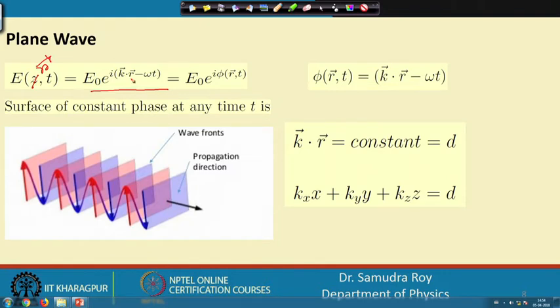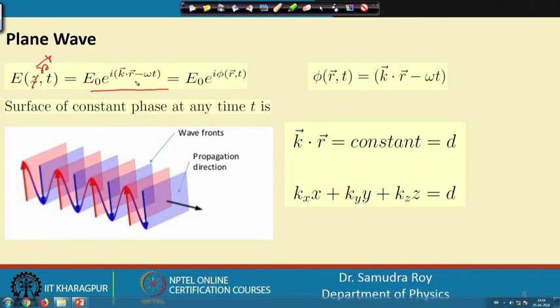If I write E(z, t), then I should write k z, but anyway this is a general form of the solution, and when I write the general form I should write k dot r minus omega t. In the previous case we used a one dimensional solution, because the wave equation was one dimensional.